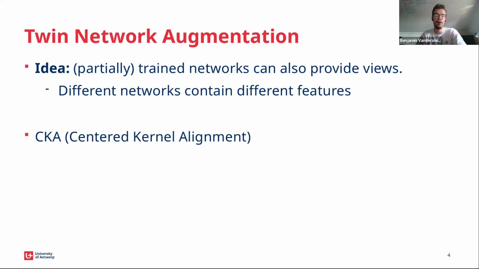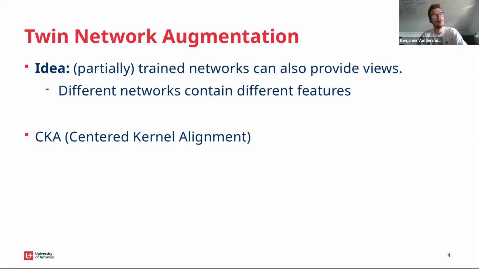To first validate whether different networks actually have different features, we use a technique called centered kernel alignment. Basically, given a set of inputs, you generate features for a certain layer in the network, and then you calculate some kind of similarity metric on the features between the layers of two different networks.